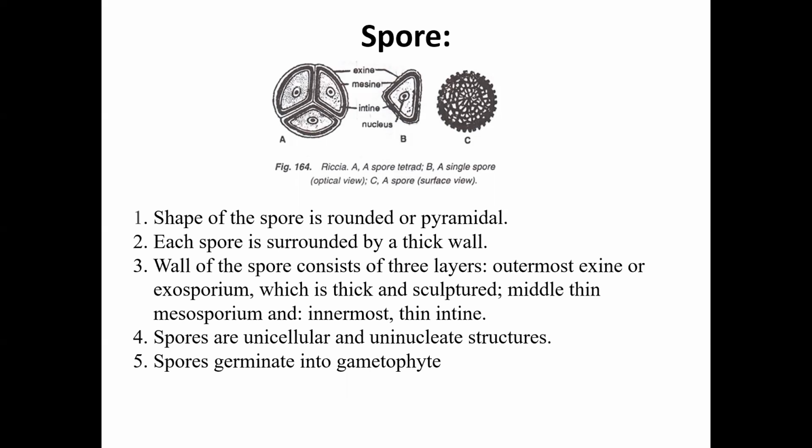The spores are unicellular and uninucleate, meaning a single nucleus is present. The spores germinate into the gametophyte. So these are the characters of the spore of Riccia.